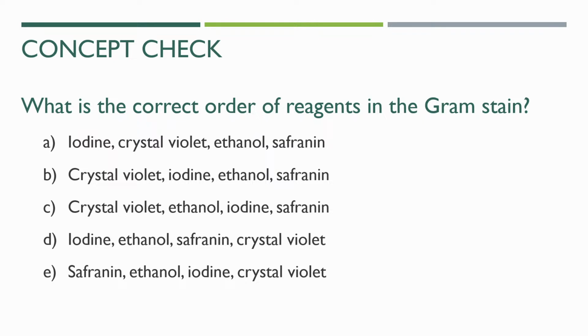Who wants to try this? Yeah. B. Crystal violet, iodine, ethanol, or the decolorizer, and safranin. Any questions on that? So it's one of those things you guys should know, the order of the gram stain.